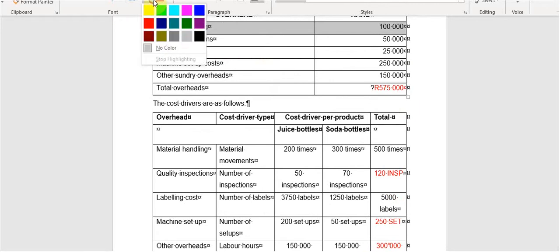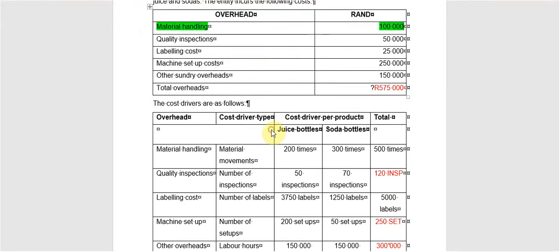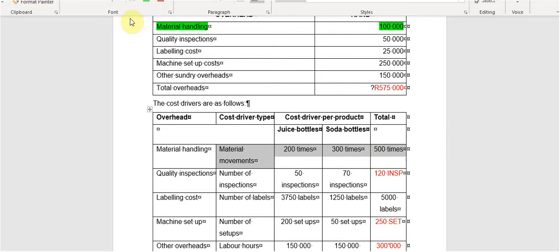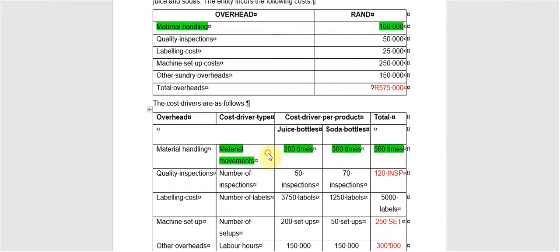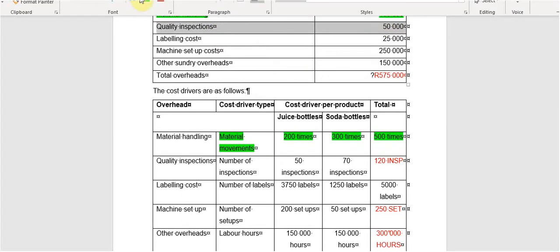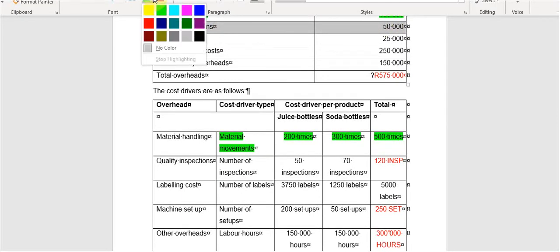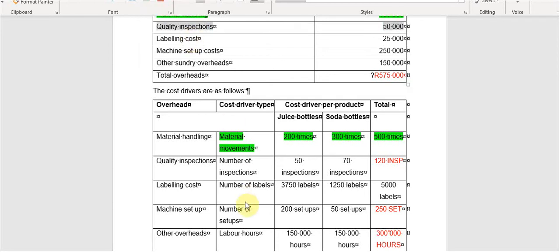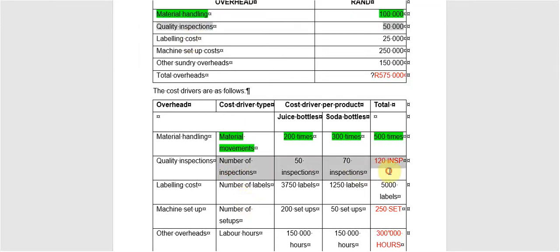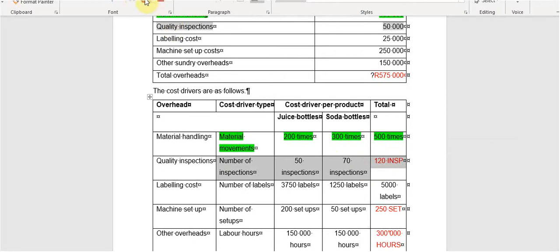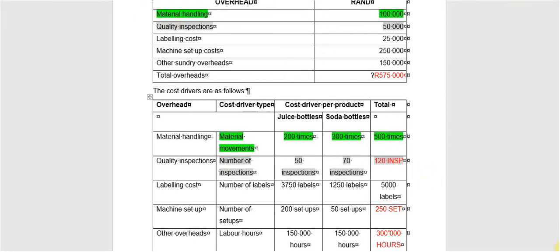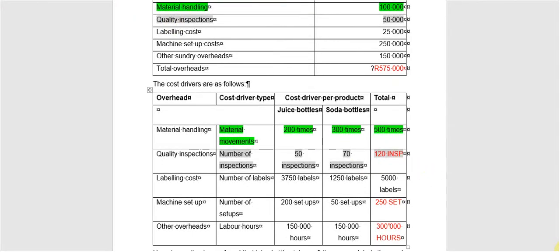So I am going to highlight that one in green, and with the material handling we need the material movements, which would be that one. Then for quality inspection, we are going to need this 50,000 rand, I beg your pardon. I'm highlighting that one in gray, and with that one goes the number of inspections. So I need to highlight that one in gray as well, as they are complementary to one another.